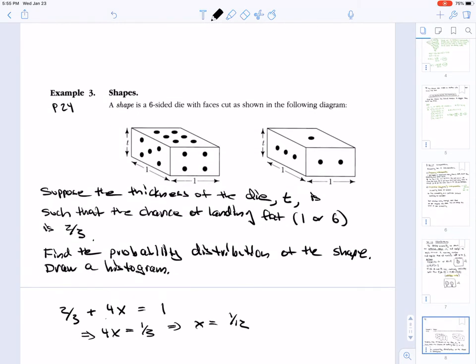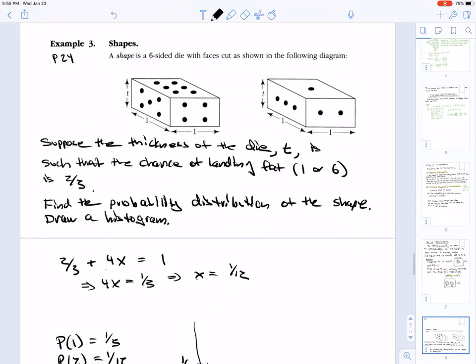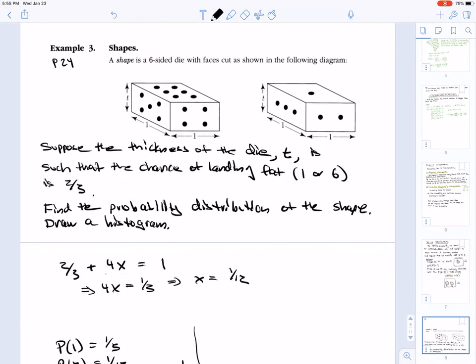Okay, so here we'll do an example. We have this die of variable width. The width is t, and the thickness is such that the chance of landing flat, meaning 1 or 6, is 2/3.